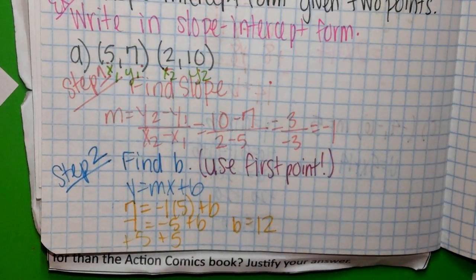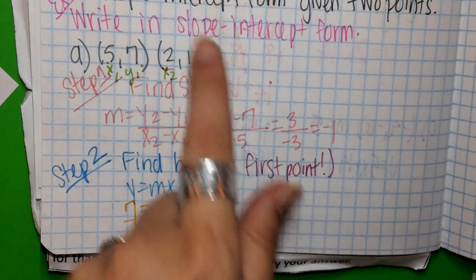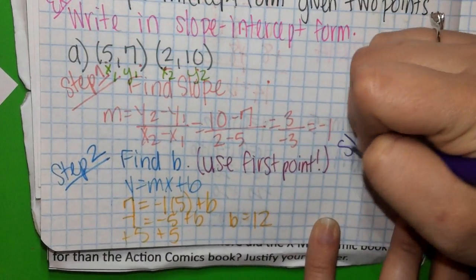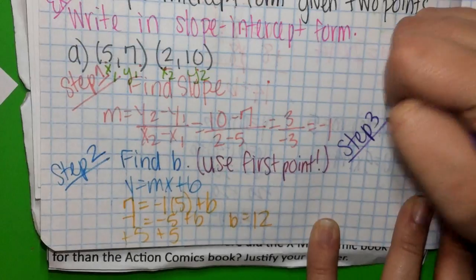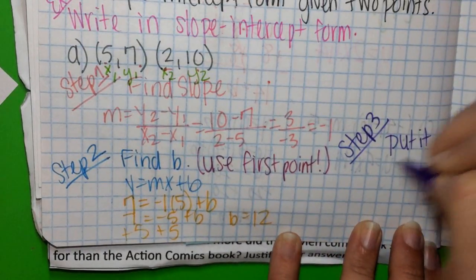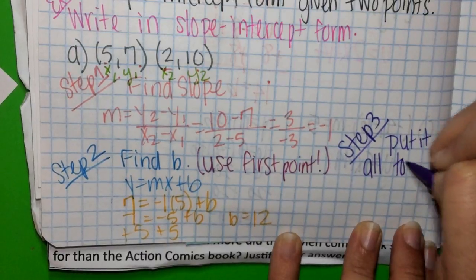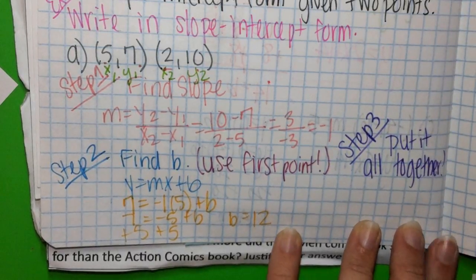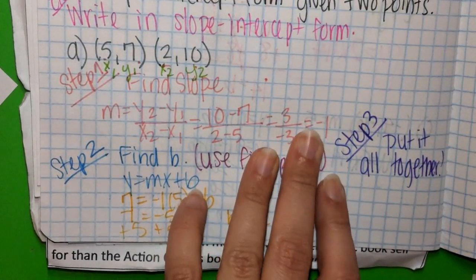Now, the directions say to write it in slope-intercept form. So have we written our equation? Nope. We haven't written our equation. We have not written it in slope-intercept form yet. So step 3, put it all together.